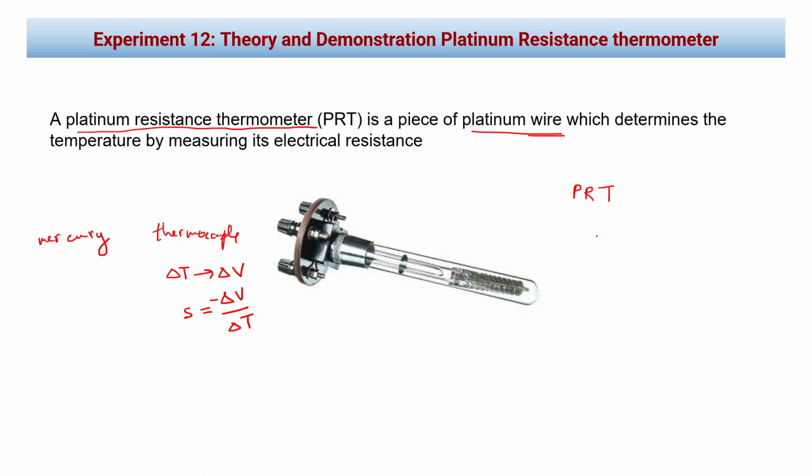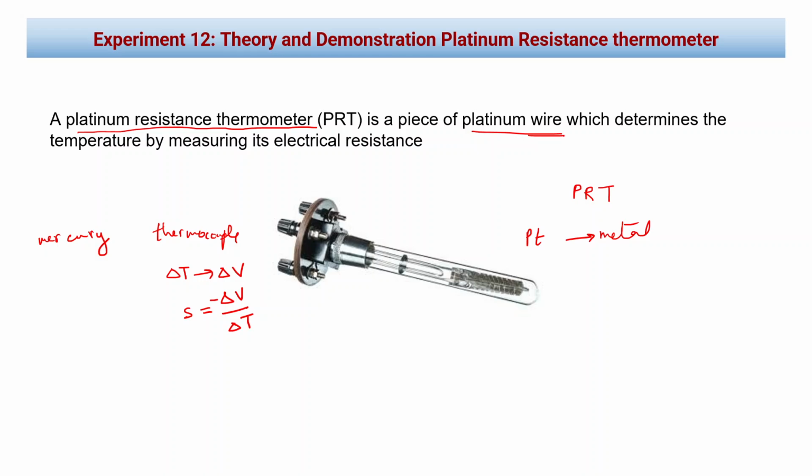Platinum, as you know, is a metal. Its symbol is Pt, I think. The resistance of platinum is very sensitive to temperature. As we know, for metals, as the temperature is increased, their resistance increases, right? Because the atoms in the metal get energy, they start vibrating, and they start colliding more and more with the electrons passing through them.